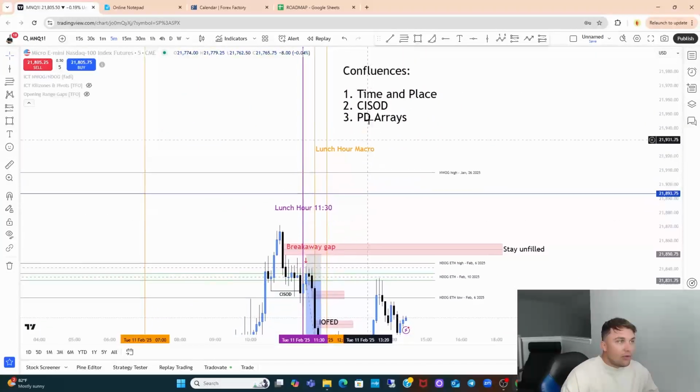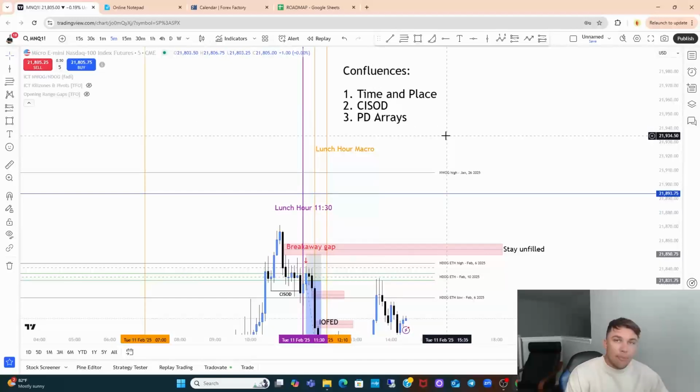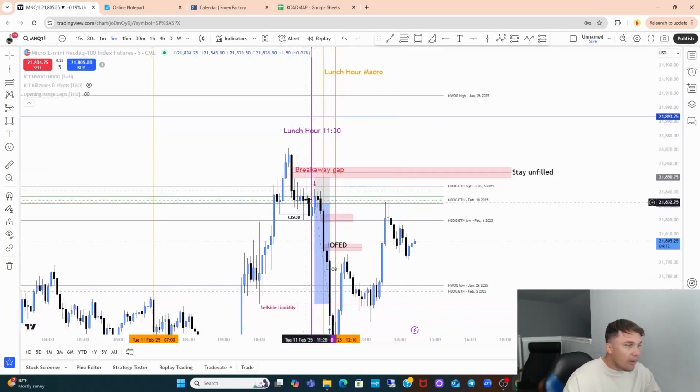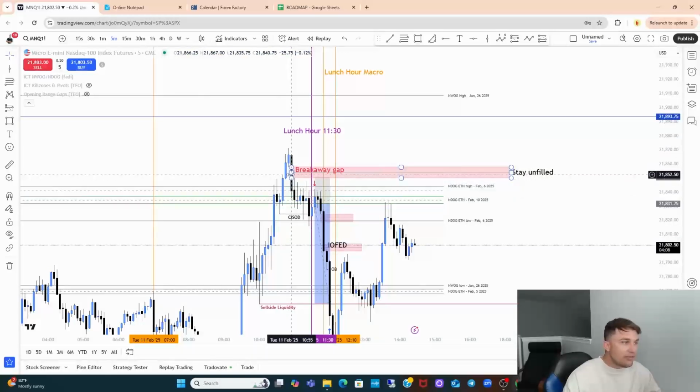We now then go to our third confluence, which is our PD arrays, our premium and discount arrays. We need to pay attention to those arrays and how price treats them. So in this scenario, we are looking for a sell side delivery, so we want to pay attention to our premium arrays. What do we have above here? We have a sell side imbalance, buy side insufficiency.